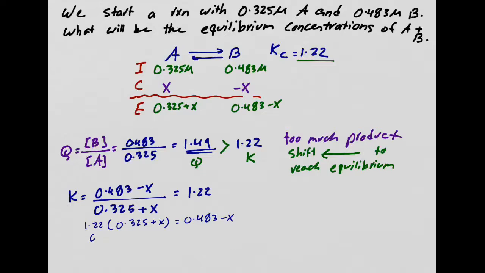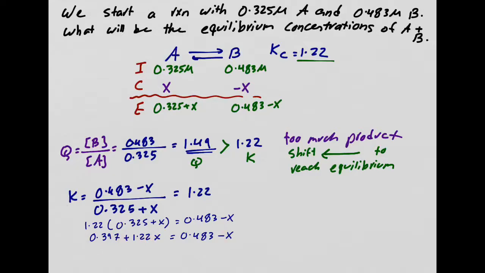That would give me 0.397 plus 1.22x. Okay? That's going to equal 0.483 minus x. Alright, I'm going to move things around so all the x's are on one side. What that means is this minus x is going to go over here. So it's going to become plus x. So it will be 1.22x plus 1x.